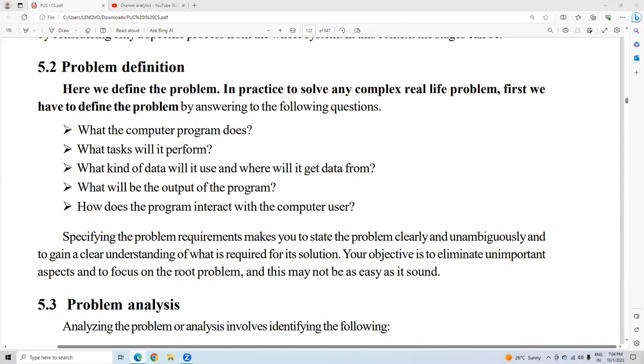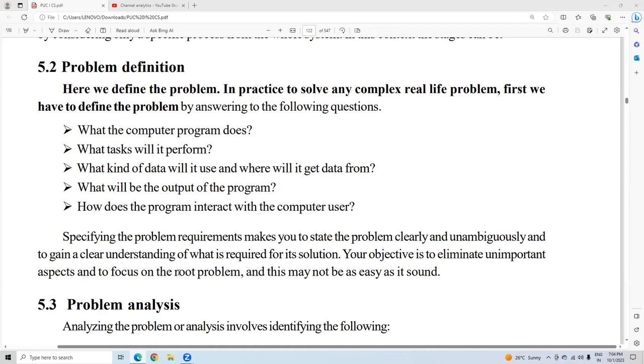First, what the computer program does, what tasks it will perform, what kind of data it will use, and where it will get that data from? What are the sets of data you are going to use, and from which source you are going to get that data? What will be the output of the program?